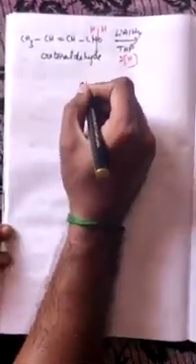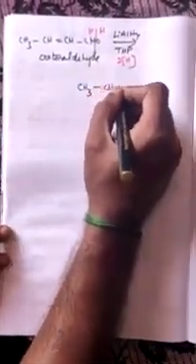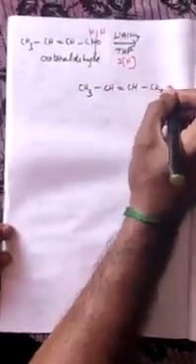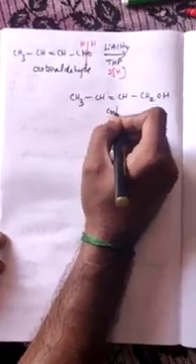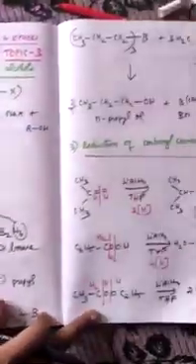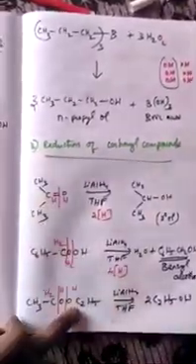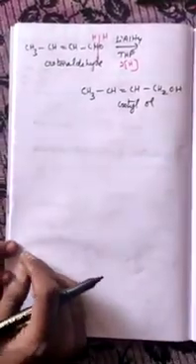So what do we get? CH3-CH=CH-CH2OH. This is called crotyl alcohol. In all these examples, I have only one functional group in each compound.